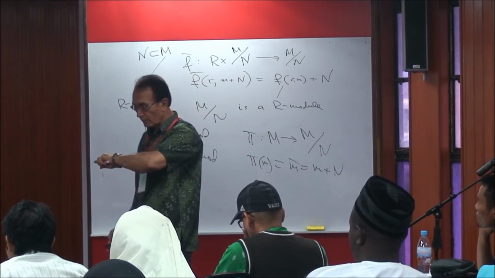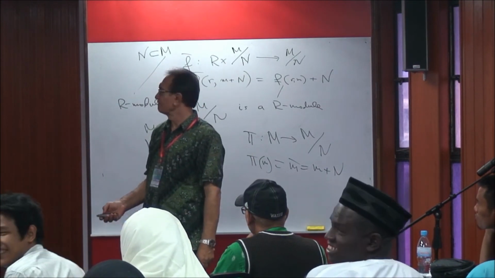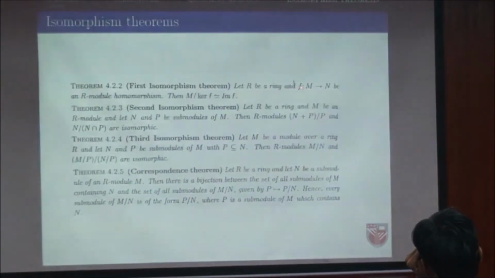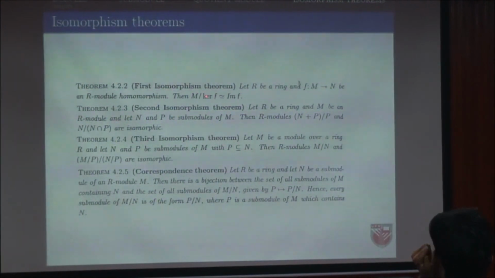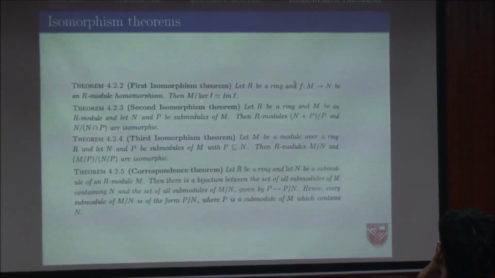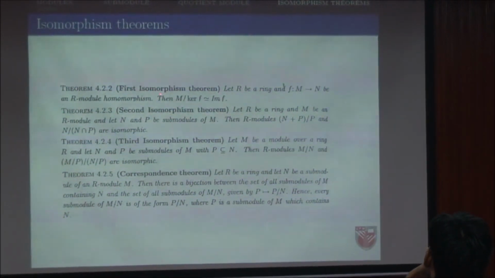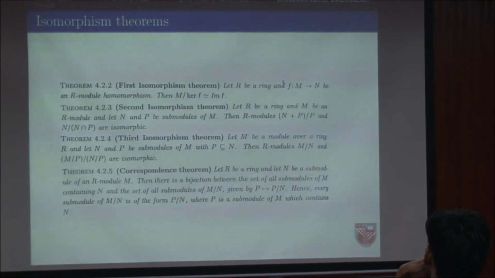So the first homomorphism theorem, I will try. Let f be an R-module homomorphism from M to N. Then since the kernel of f is a submodule, you may form such a quotient module.